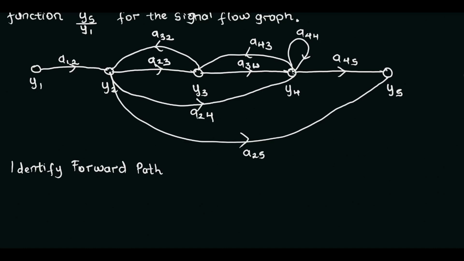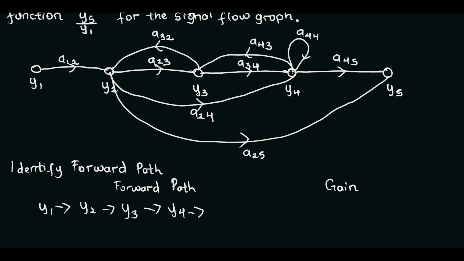Our first forward path, this is mostly the forward path: Y1 to Y2 to Y3 to Y4 to Y5.